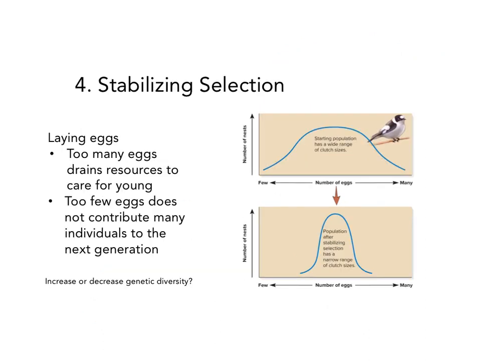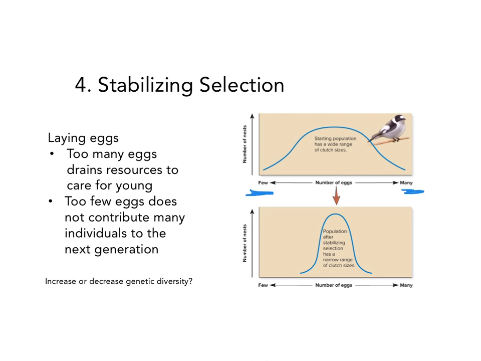Now, the final type of selection is stabilizing selection. Now, this is exactly the opposite of, very different from diversifying selection, in the sense that the extreme phenotypes in this case, so out here where you have a few eggs or many eggs, those are actually selected against.